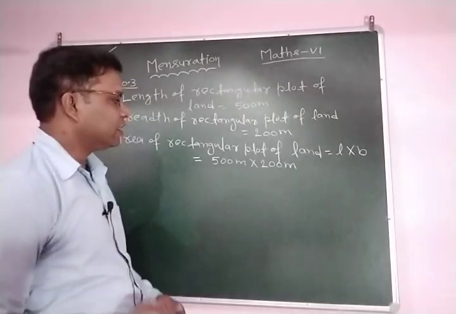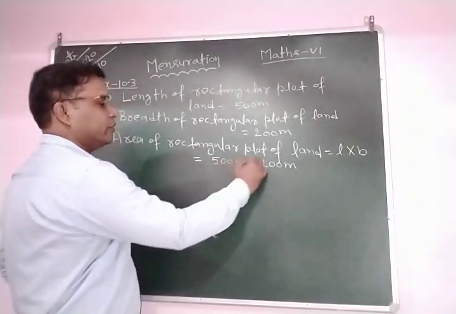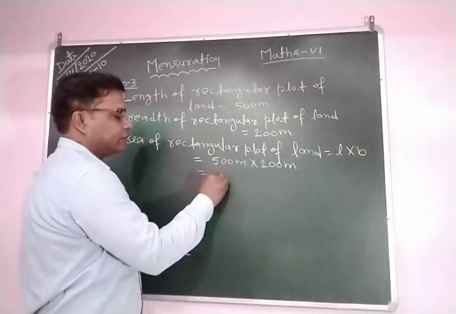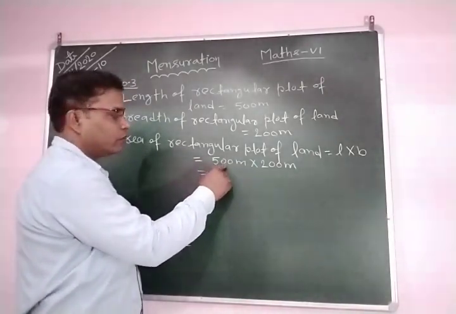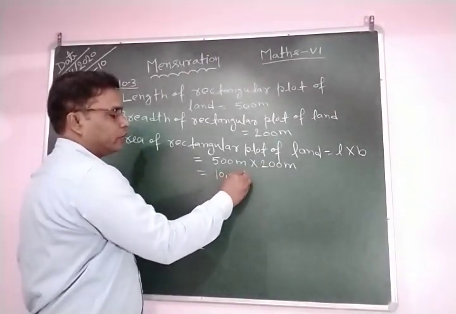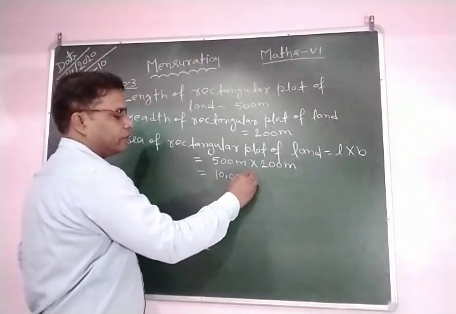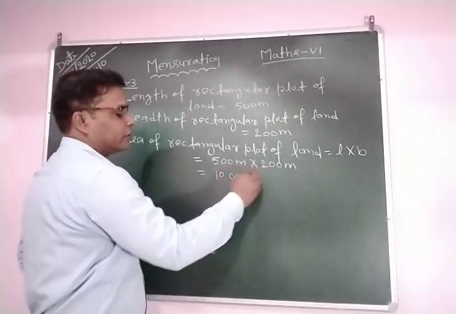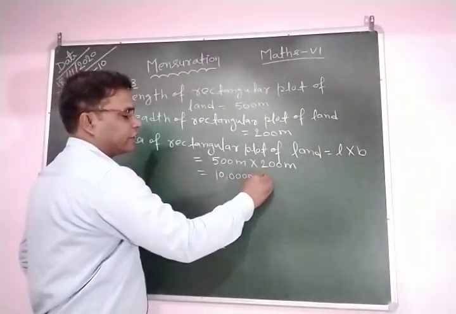Clear? If you multiply them, 5 into 2 is 10, and then after this, how many zeros? 1, 2, 3, 4 zeros. You write here 4 zeros. And meter into meter gives meter square.